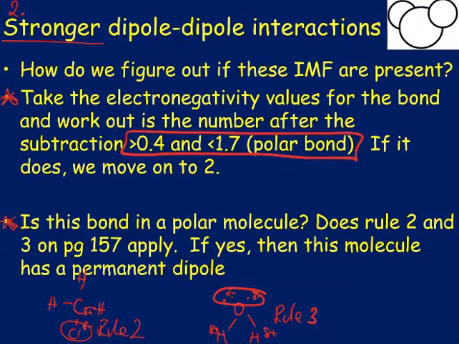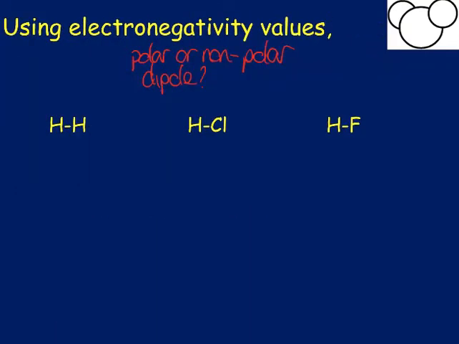Okay, so for HH, when you do the maths, the electronegativity difference is going to be equal to 0. That makes it what is called non-polar covalent because it fits in the range between 0 and less than or equal to 0.4. So that makes it non-polar covalent.